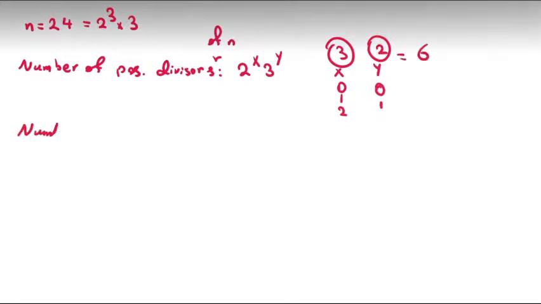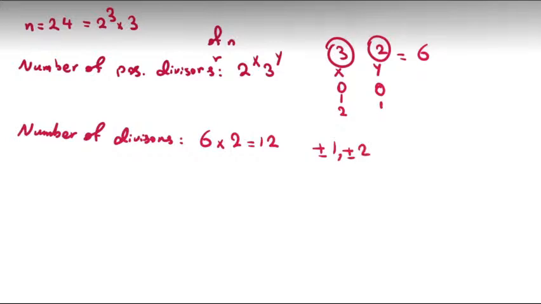If it says number of divisors, you should also consider negatives. So it will be 6 times 2, 12. Because the divisors are plus minus 1, plus minus 2, plus minus 3, plus minus 4, plus minus 6, plus minus 8, plus minus 12, plus minus 24.